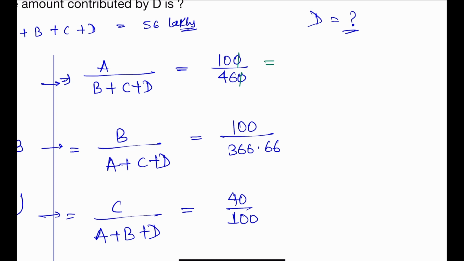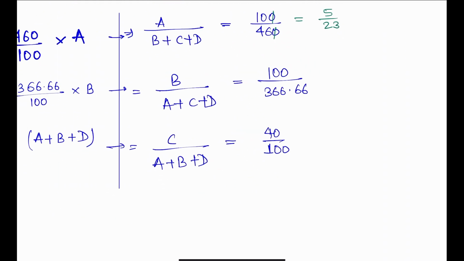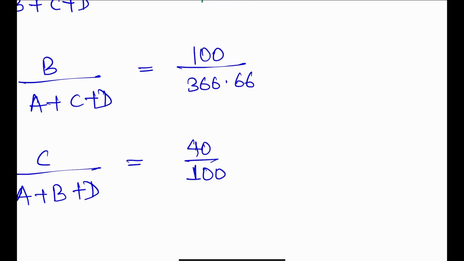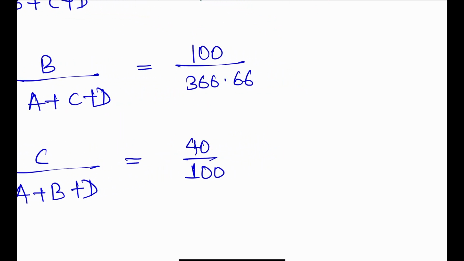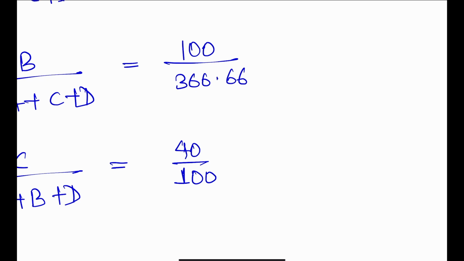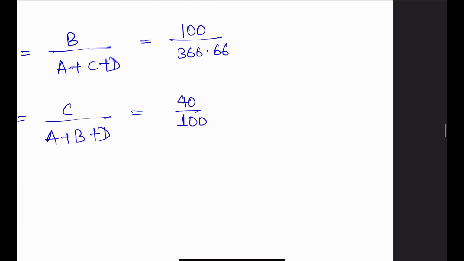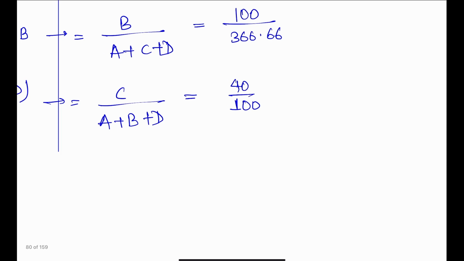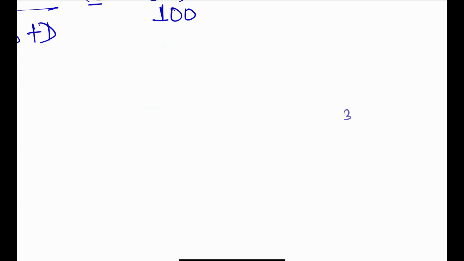So let's just do this, it will be becoming 5 by 23, right? 5 by 23. This 100 by 366 will be becoming, again we already know this one, 100 by 366, actually it was 366.66%.